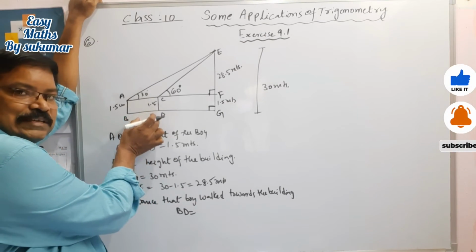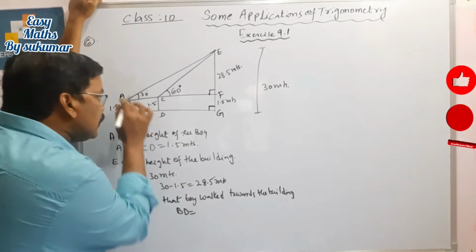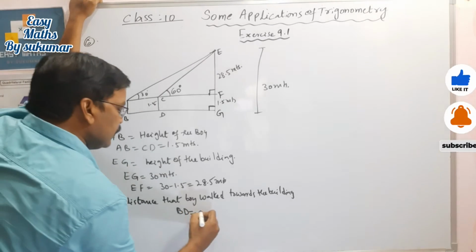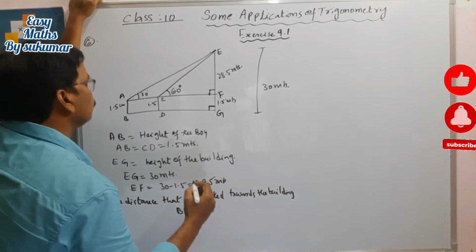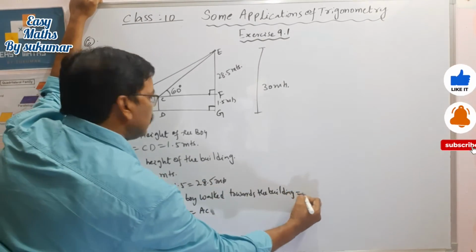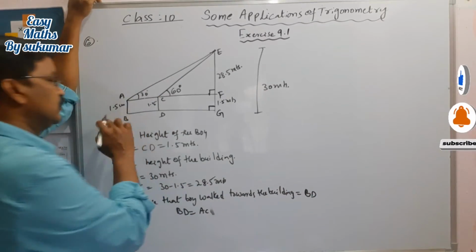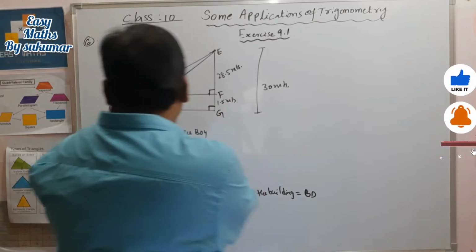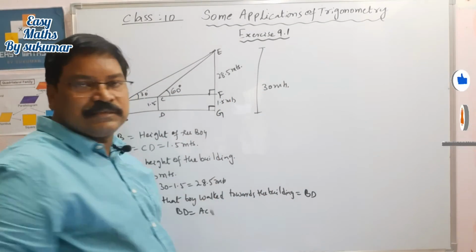This is the distance from B to D or A to C. AC or BD, both are the same. Why? It is a rectangle. The distance he walked towards the building is AB or BD or AC.